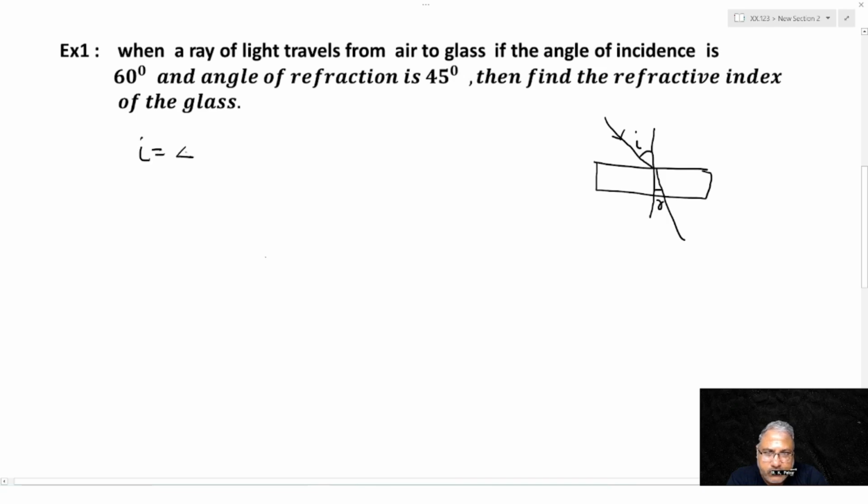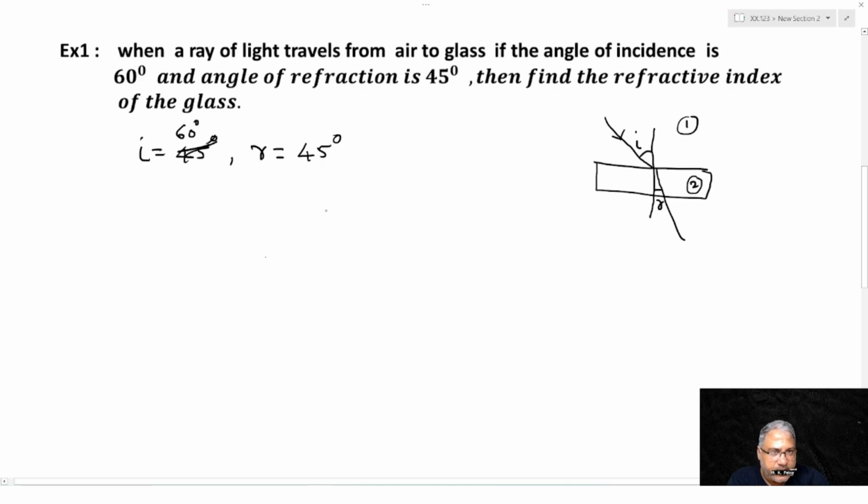The angle of incidence is given as 60 degrees and the angle of refraction is given as 45 degrees. Now we need to find the refractive index of the glass. Call air the first medium and glass the second medium.